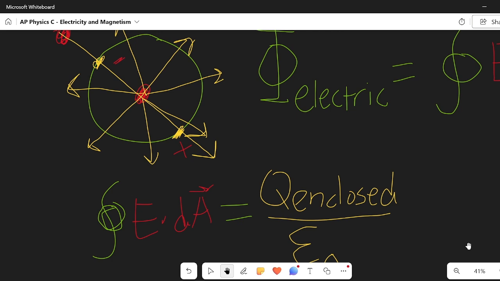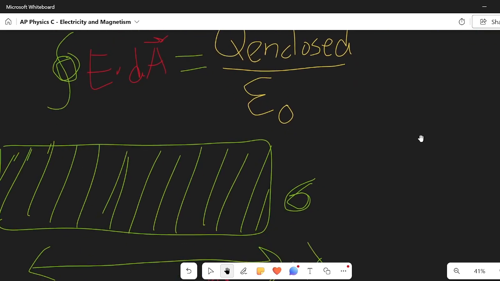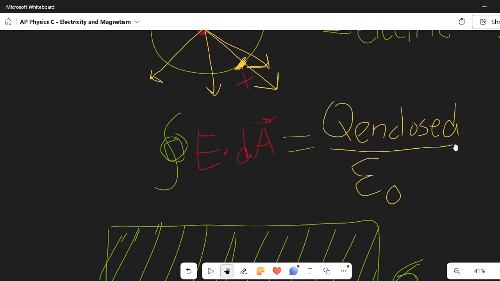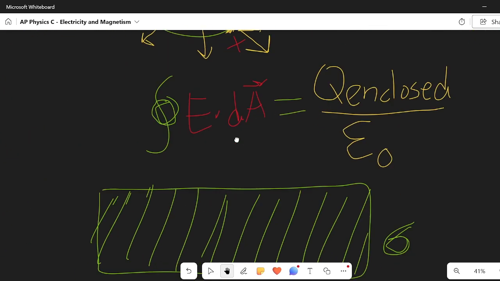But typically, we're not tasked with finding the electric flux. It's just helpful that we understand this such that we have an easier way to convert it into electric field. So we are trying to find Q enclosed. In order to do that, we need to find epsilon naught, which we've already found here, and we need to find the electric flux of the particular shape.